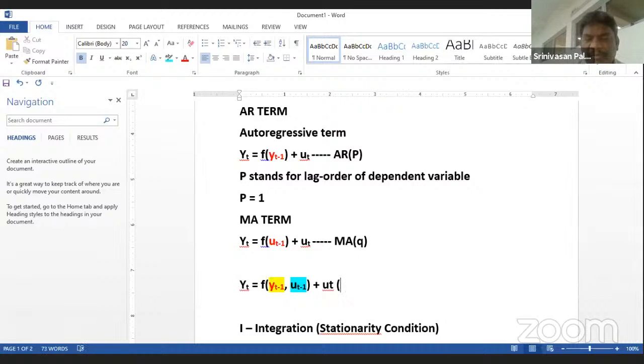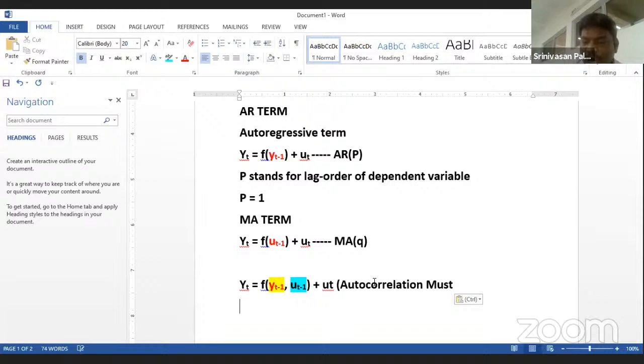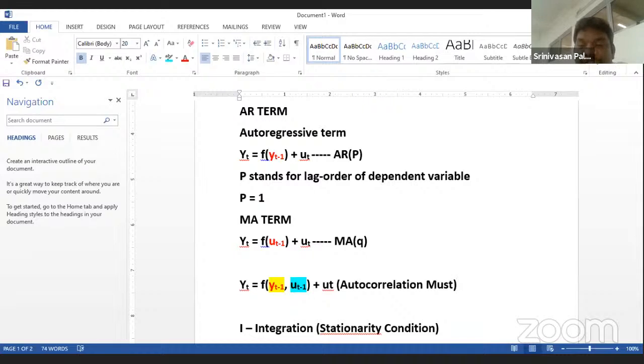Since YT is influenced by YT minus 1, obviously there is a successive relationship between two successive error terms, so the autocorrelation problem occurs. This autocorrelation problem occurs due to shocks. In the ARIMA model, the autocorrelation problem exists. That is why people try to find the lag order through spikes.